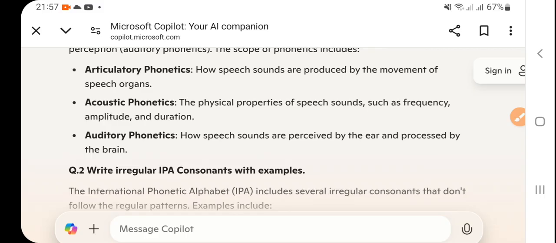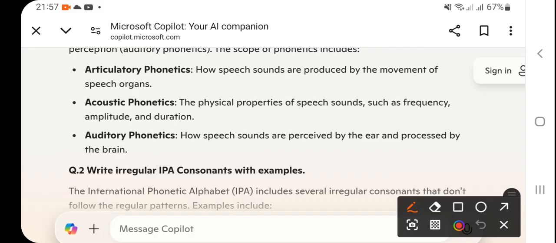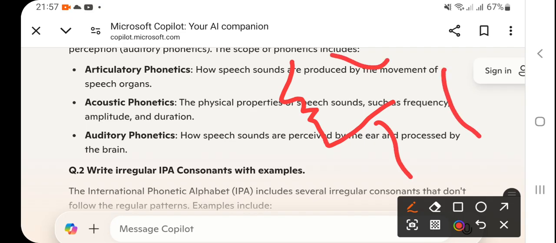Articulatory phonetics is how speech sounds are produced by the movement of speech organs. We have already discussed this diagram. That's the nose, nostril, these are the lips, the teeth ridge, and there is the tongue. And this part is the soft palate, hard palate.